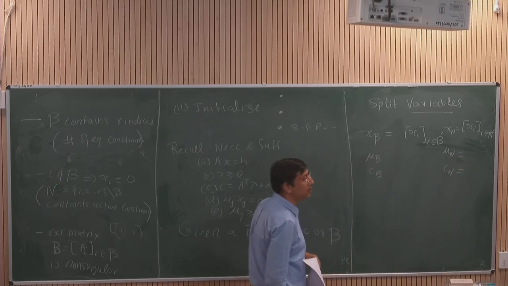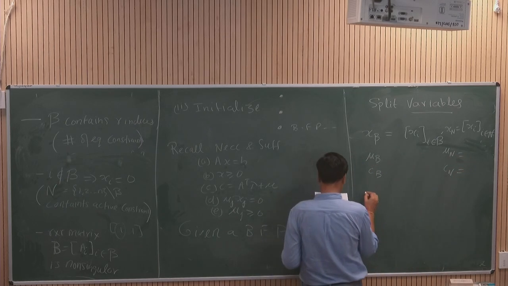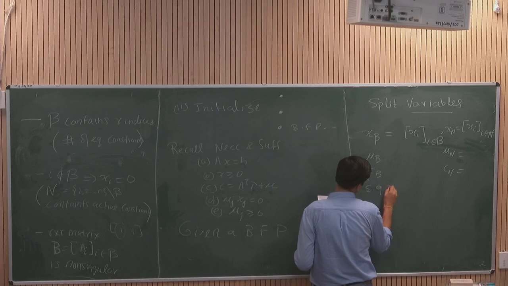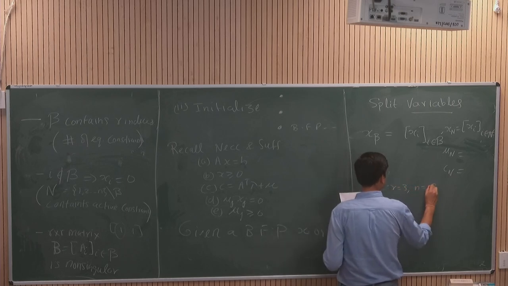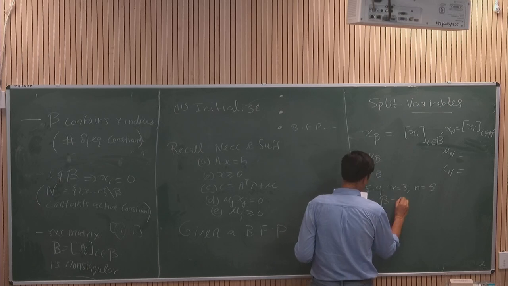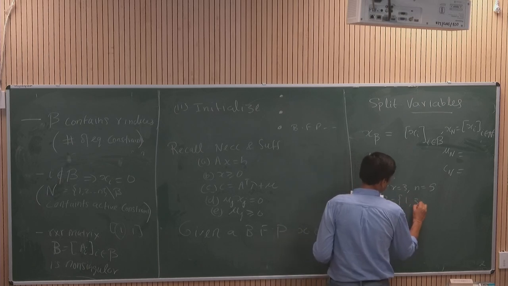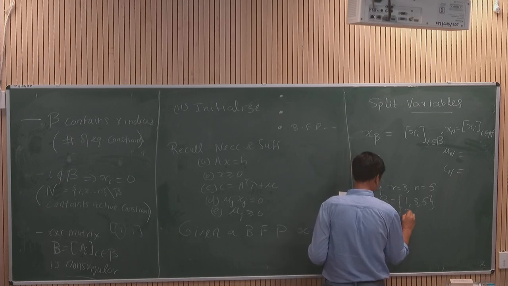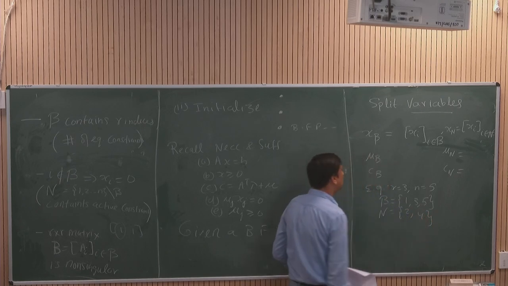We'll split the variables. Let's say in the problem, r is equal to 3. The earlier problem was too easy, so let's say I give you r is 3, n is equal to 5, and this is my B index set and this is my N index set.